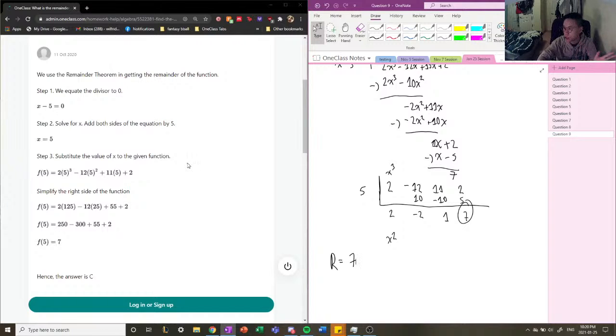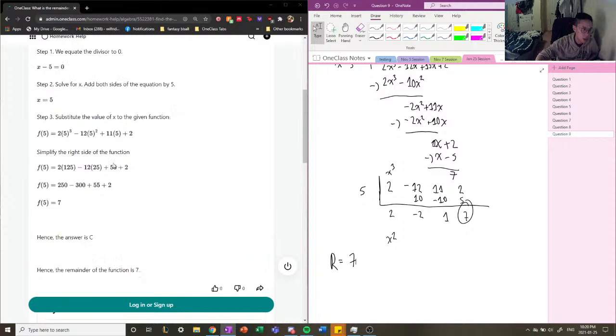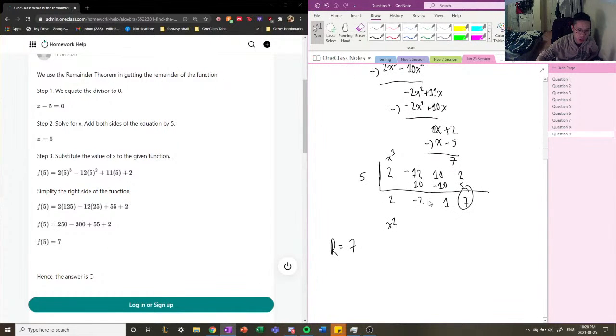What's the definition of a zero? The definition of a zero is the value of x that makes your polynomial equal to 0. So if you plug in the zero of a factor, the polynomial is going to equal 0. However, if you plug in the potential zero into your polynomial and you don't get 0, that means your factor is not actually a factor, and you find a remainder.